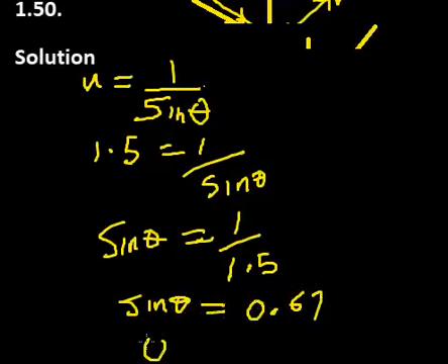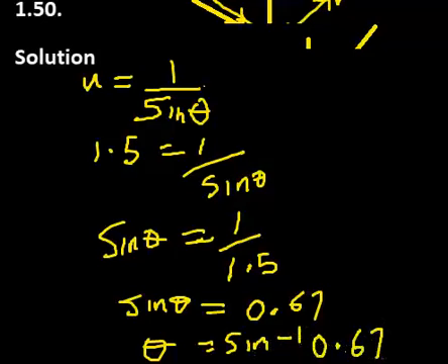So theta now is going to be equal to sine inverse of 0.67. So how do you do sine inverse? You just do shift, shift sine inverse, right?